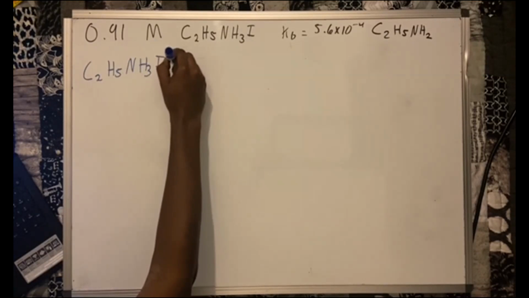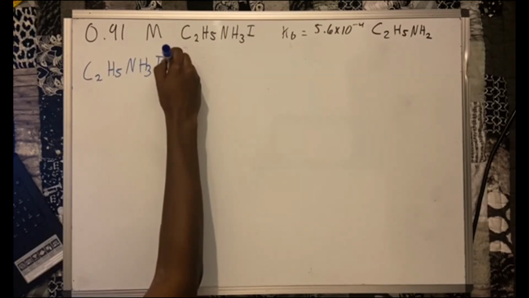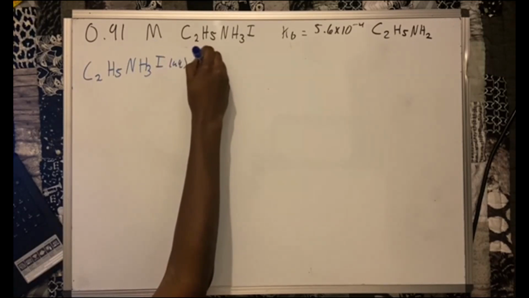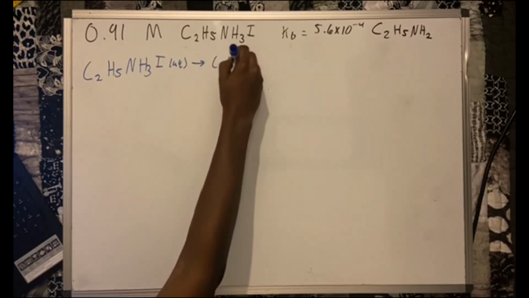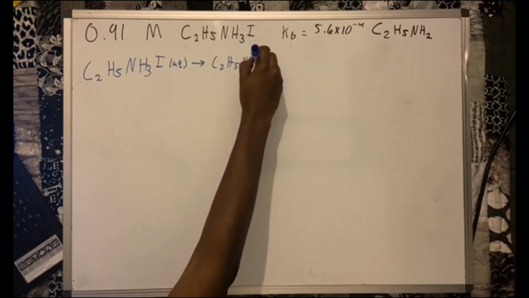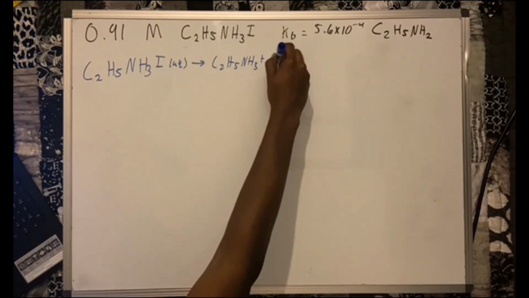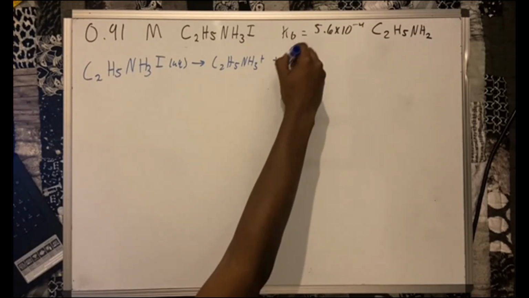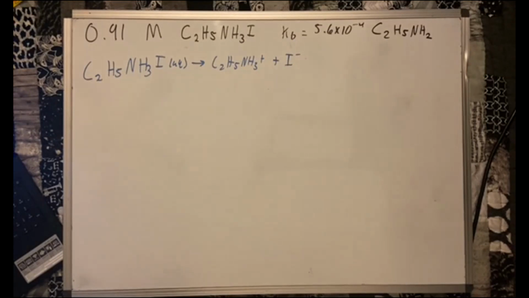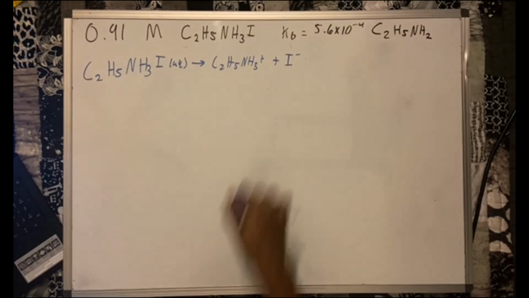C2H5NH3I aqueous goes to C2H5NH3 plus and I minus.